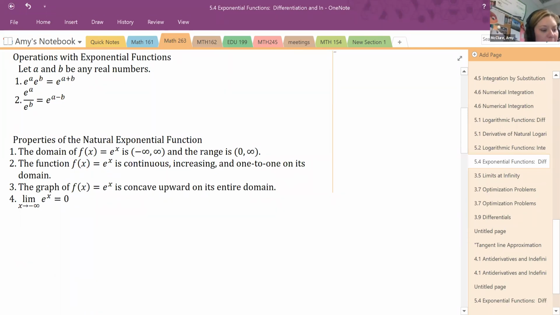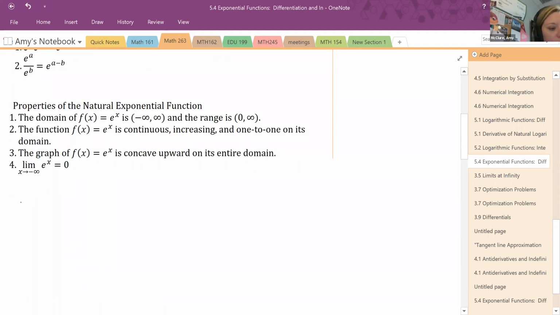So let's start off by looking at the derivative of our function. If you have any number, a, to the x power, and you want to find the derivative of this, it is always a to the x times the natural log of whatever that number is.